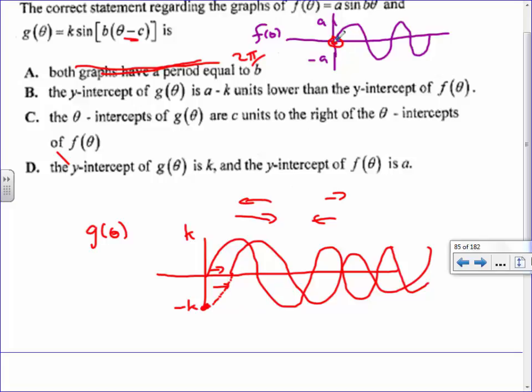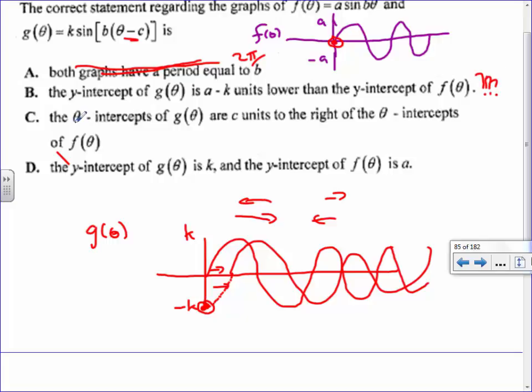I'm going to agree that from here down to here is definitely lower. But I think I'm just arbitrarily figuring out where it is from here to here. I don't think I know that it's exactly a minus k units because there's also how the graph got slid over a little bit. I don't really know how that slide's going to affect things. So it may be, but I don't know for sure that that one is true. So I'm going to come back to that one later.